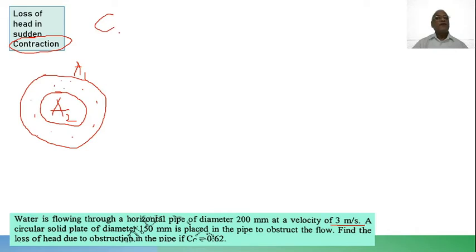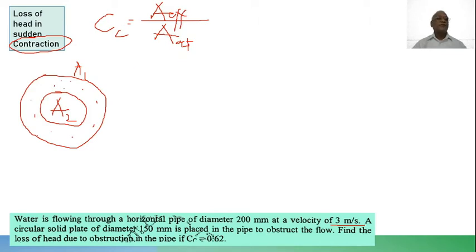Now what is Cc? If you remember, the coefficient of contraction is nothing but the effective area of the flow divided by the actual area of the flow.